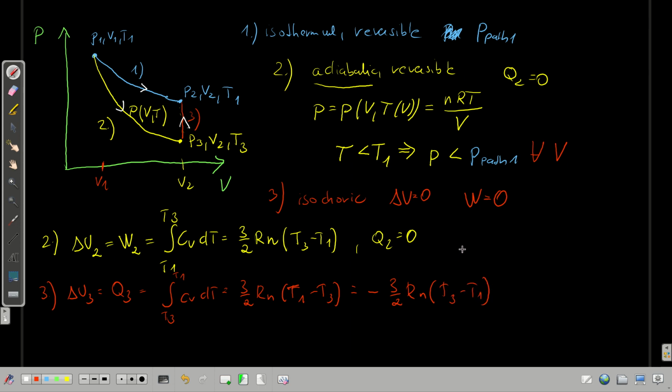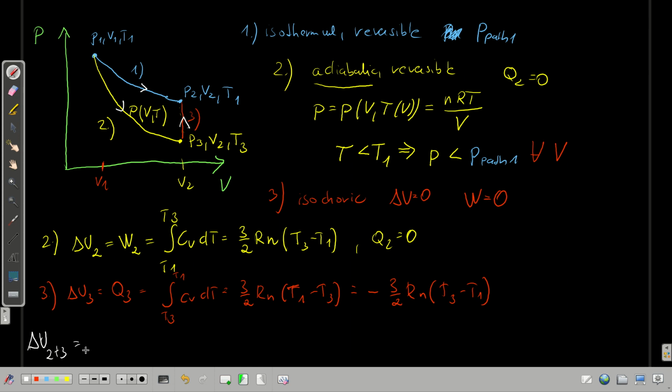And now finally, for proving our concept or showing that this terminology indeed is correct or internally consistent, we have to, let's say, address the change during process 2 and process 3, so the change in inner energy when going first along path 2 and then along path 3.